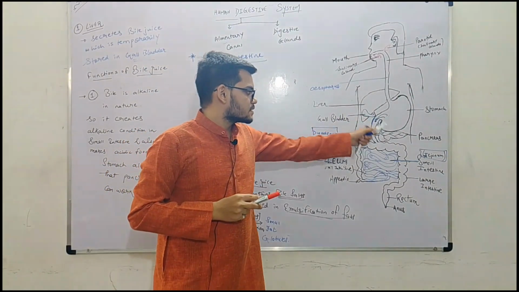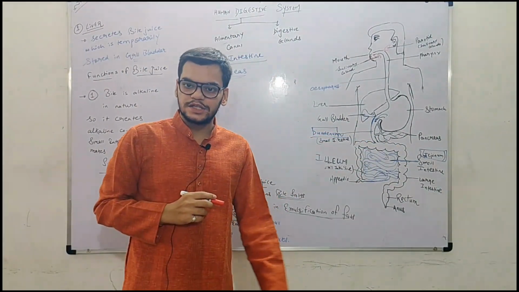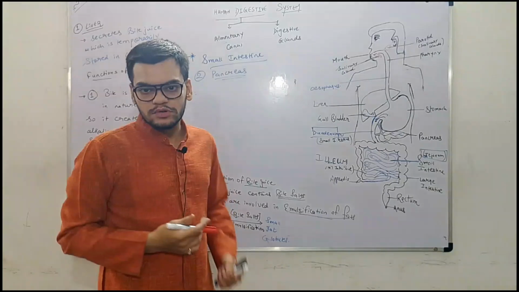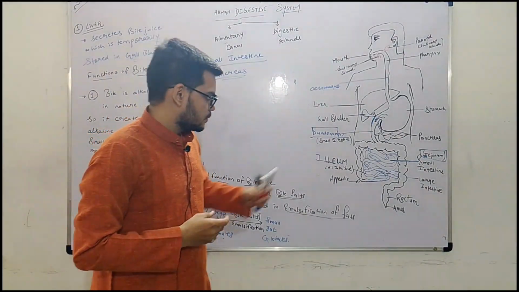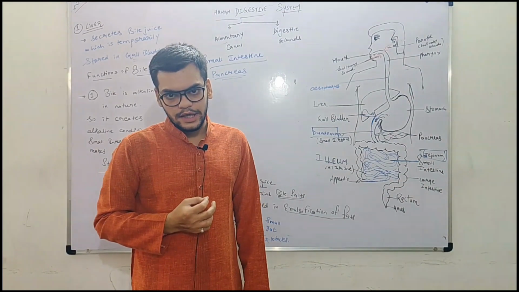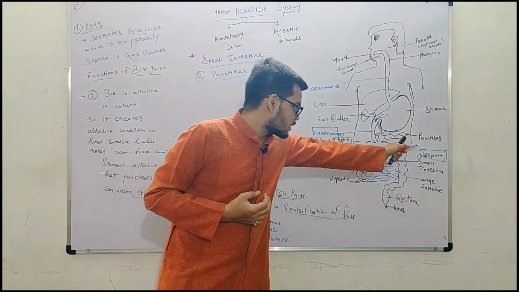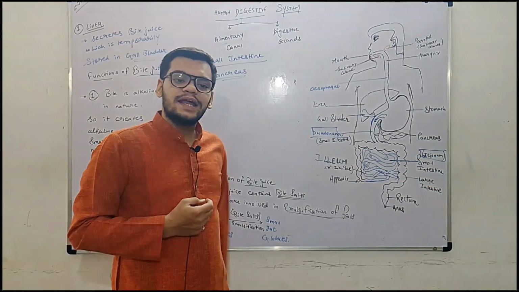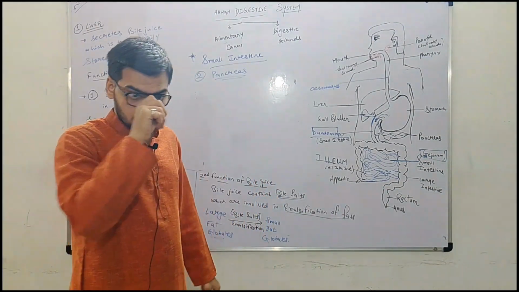So pancreas secretes pancreatic juice. That is exocrine portion of pancreas. Exocrine means it has its own duct in the form of pancreatic duct. Exocrine gland of pancreas will secrete pancreatic juice inside the small intestine.